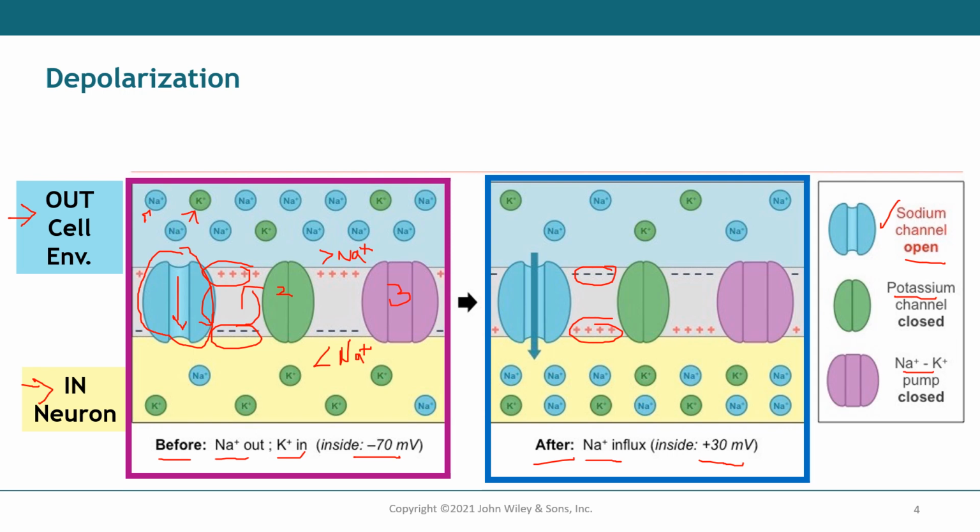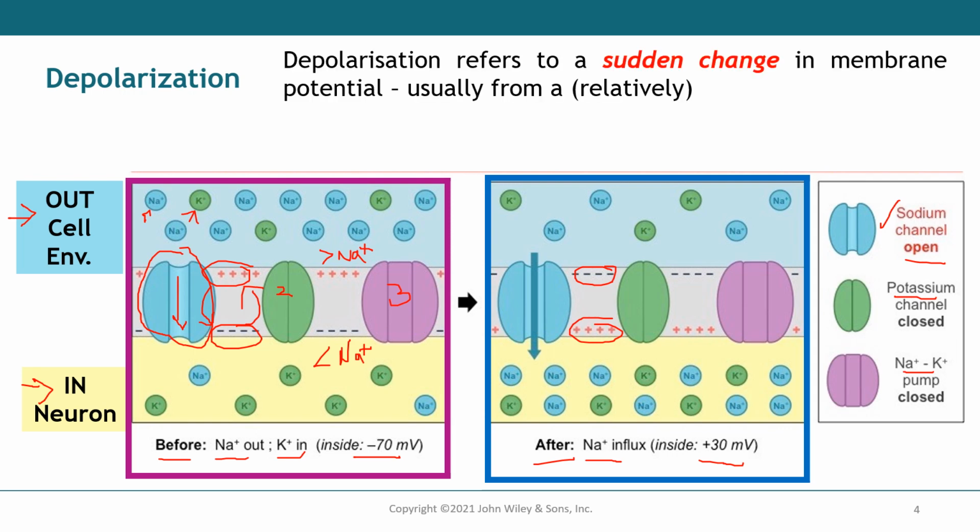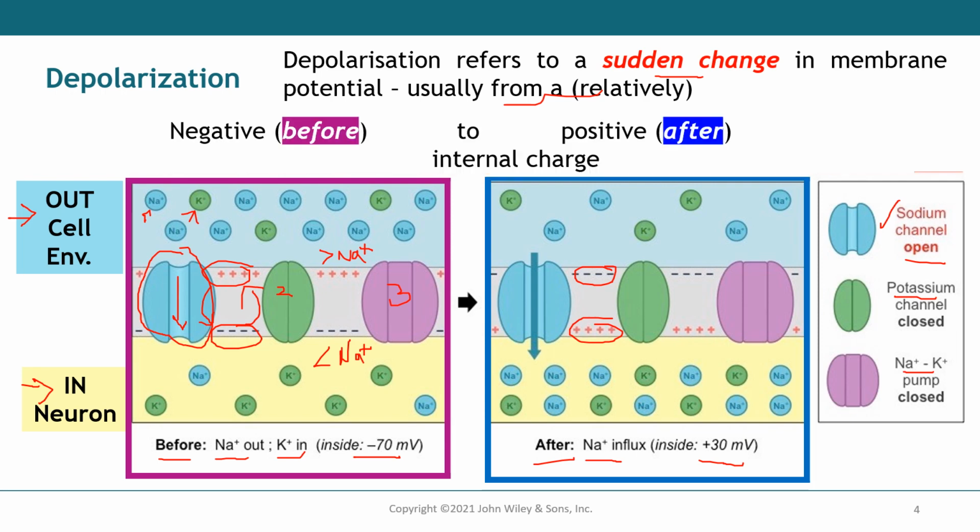So what I told you in this slide is that depolarization refers to a sudden change in the membrane potential, usually relative, so you're comparing the inside to the outside, and we went from a negative, and later after the depolarization, it became positive, so there was an internal change.